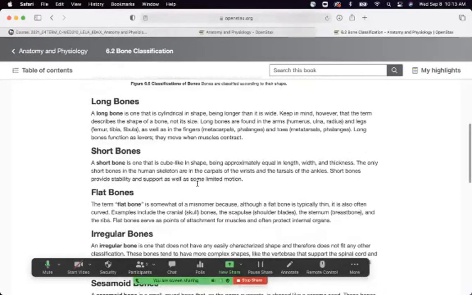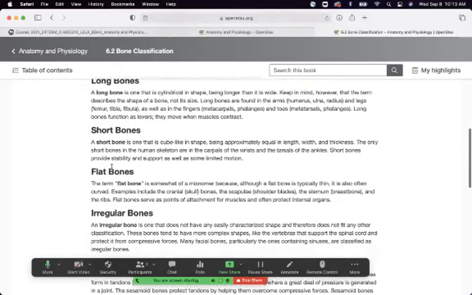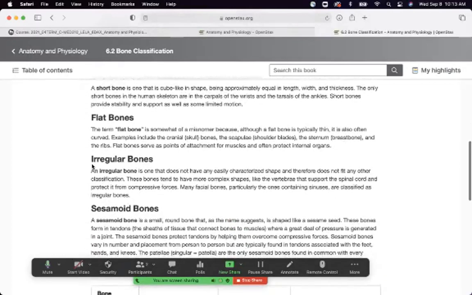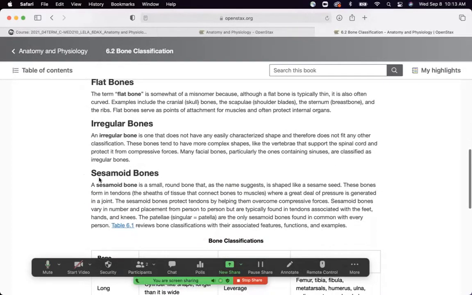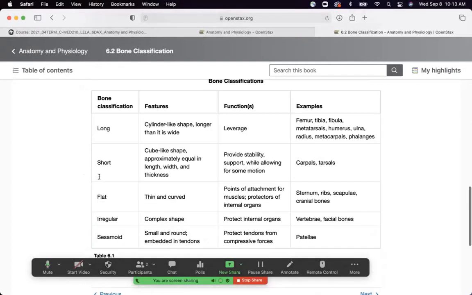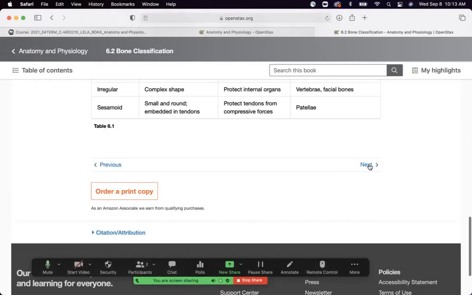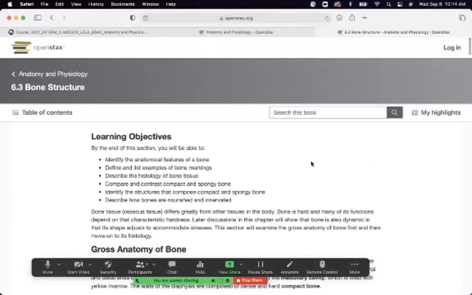Don't you think I could point at something and go A, long bone, B, short bone, C, flat bone, D, irregular, E, sesamoid? I could easily do that. Right? So right now I'm giving you guys all the hints, but in the future, when you're in a boring lecture just like this one, start using your active listening powers.